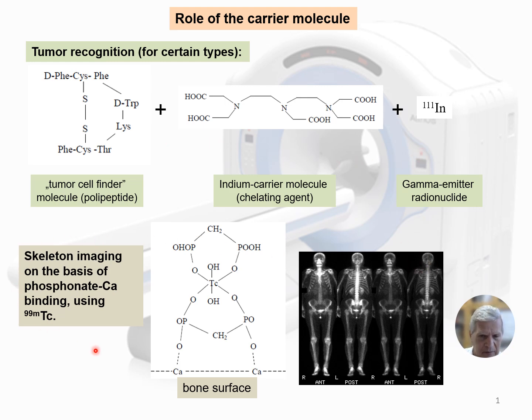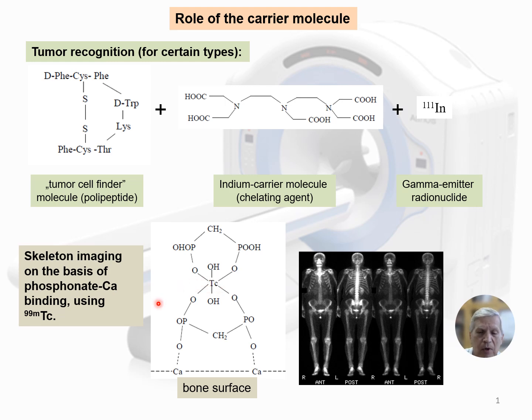This is another example, a relatively simple example. If you want to image the bones of your body, then you may use technetium-99m. And as I said, technetium is very versatile, so you can use it for this purpose too. However, technetium itself wouldn't be absorbed on the surface of the bone, so you have to do something.